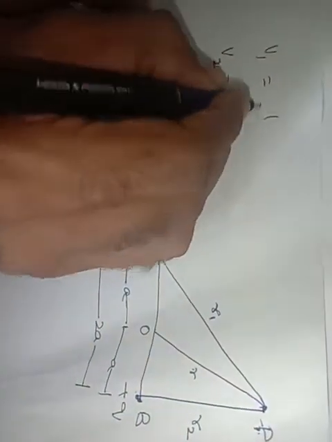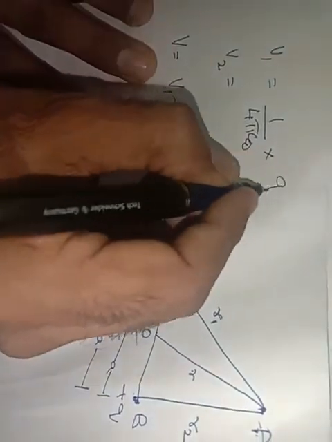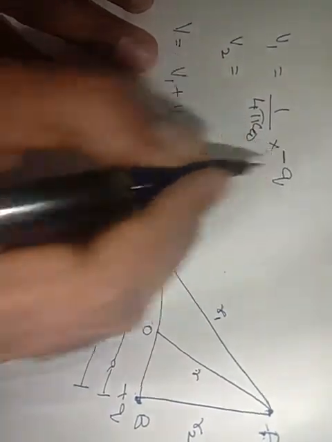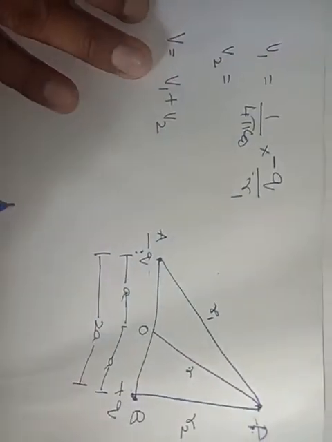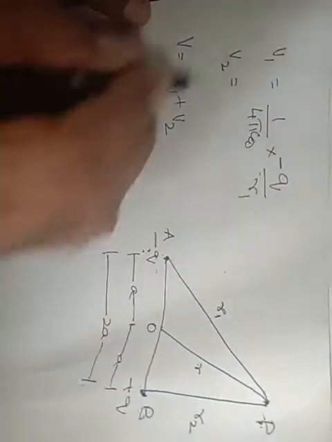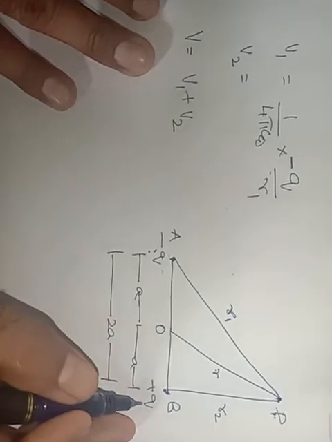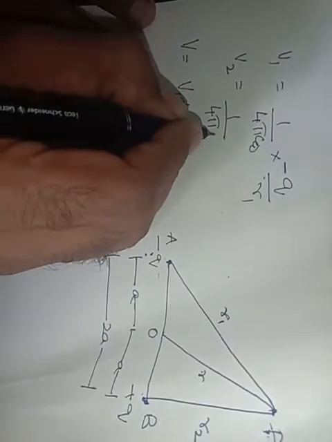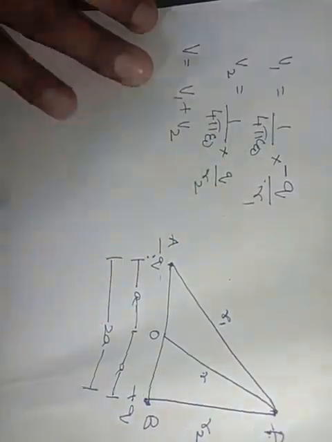Potential we will calculate as 1 by 4 pi epsilon naught q by r. But q here is minus q, and the distance here is R1. Similarly, the potential at P due to the plus q charge is equal to 1 by 4 pi epsilon naught into q by R2.